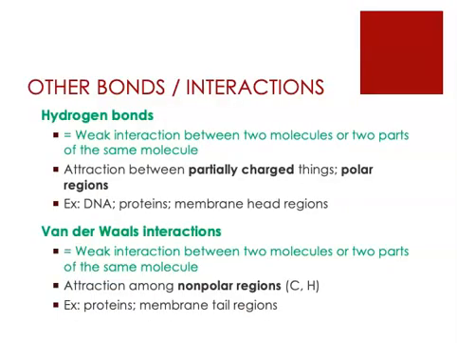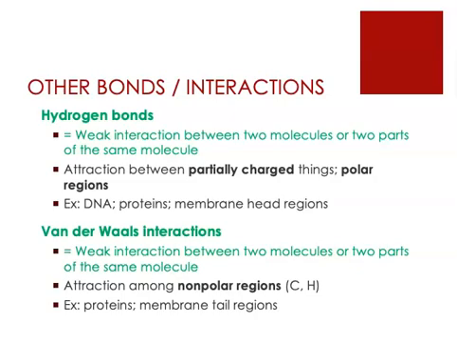There are 2 other bonds that we also need to be familiar with. Now, these 2 are significantly weaker than covalent bonds. They're not even technically bonds, even though one of them has bond in its name.